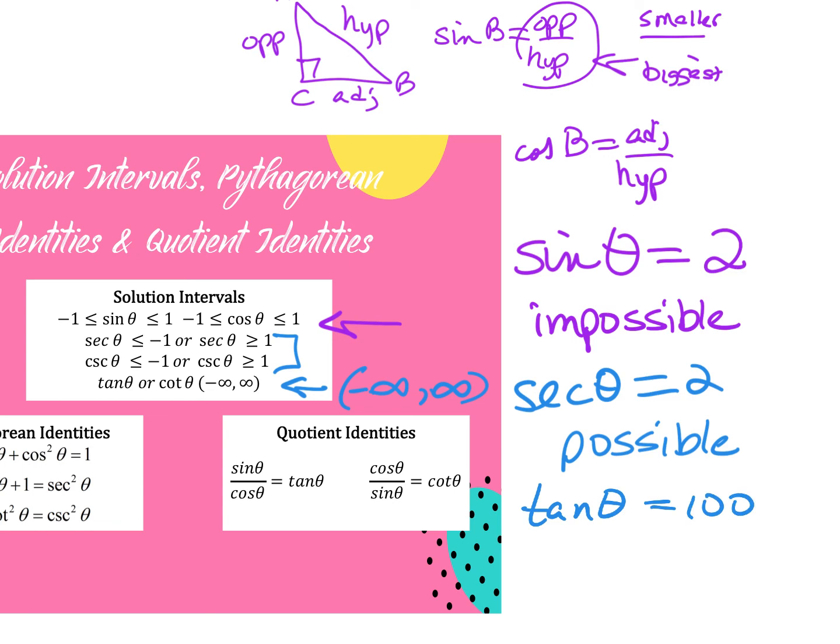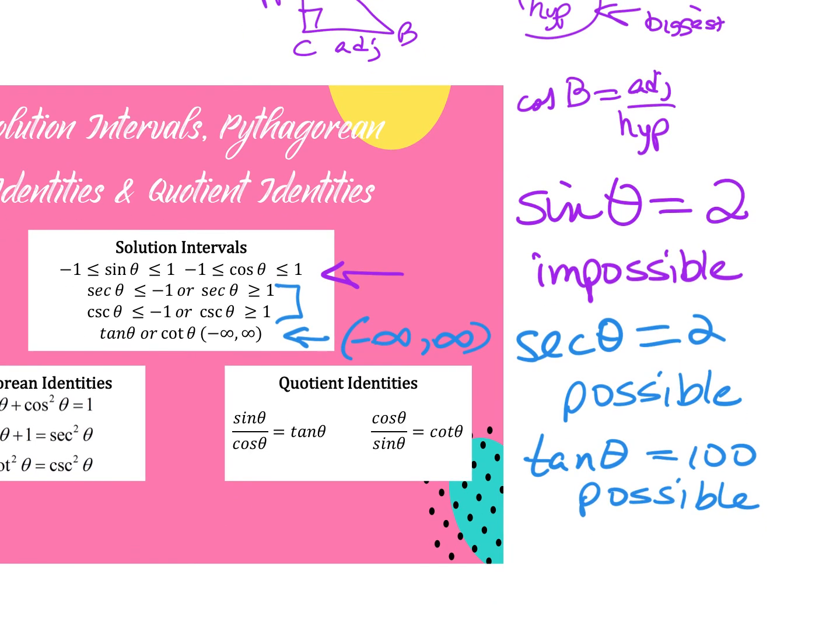Absolutely, because it could be any number. So this is possible. It could have also been, could tangent of theta equal 1/2? And you would say, absolutely, it's possible, because tangent could be any number. So when you get to the homework for the possible or the impossible questions, you're looking and memorizing the solution intervals.